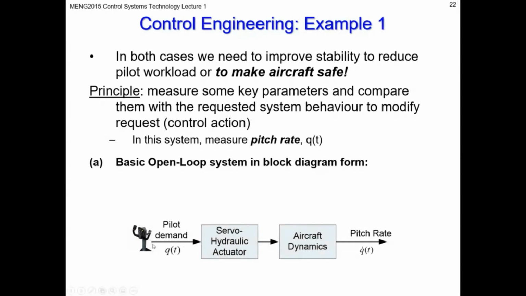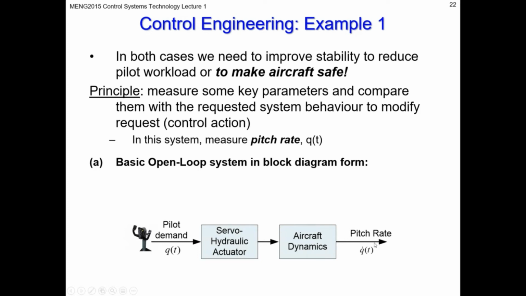That pilot demand, it might be an electronic yoke, but it activates a hydraulic actuator because aircraft ailerons and so on are hydraulically actuated. So the electrical signal would be converted to a hydraulic actuation, and then the ailerons would change angle, and that of course affects the aircraft dynamics.